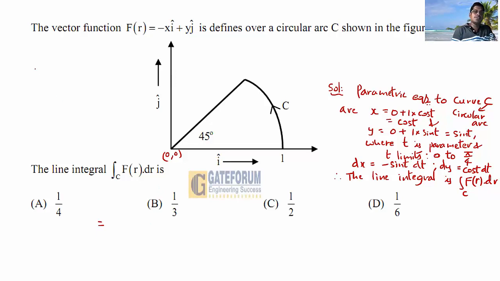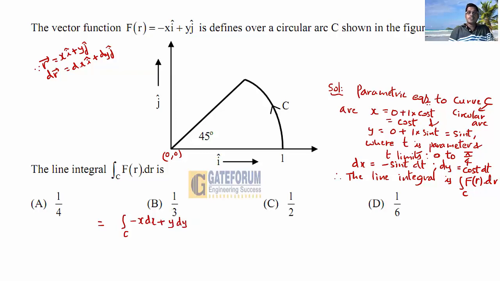Since r bar, the bold letter, is x i cap plus y j cap, dr bar is dx i cap plus dy j cap in two dimensions, because the vector is in two dimensions. If it is three dimensional, then add the z coordinate, that is z k cap. So the integral over c of minus x dx plus y dy.